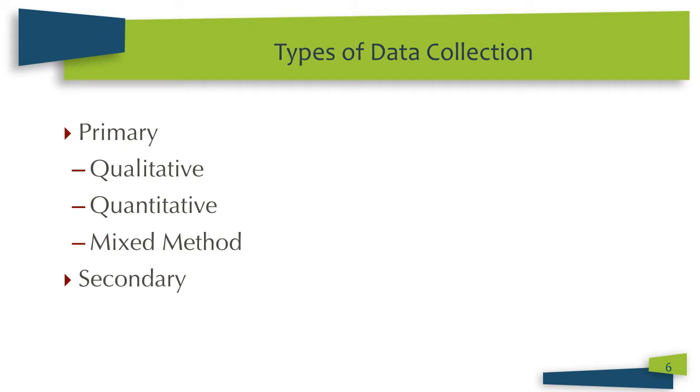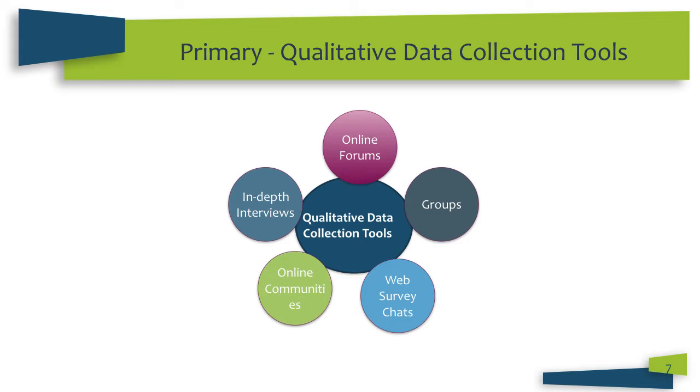So there are many tools that you use in qualitative data collection. The qualitative research method of data collection does not involve the collection of data that involves numbers or needs to be deduced through a mathematical calculation.